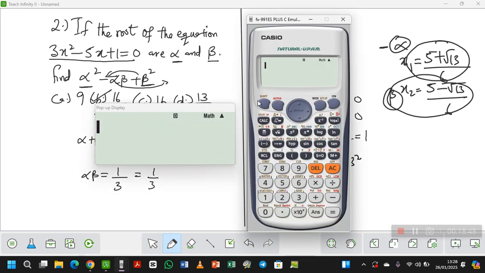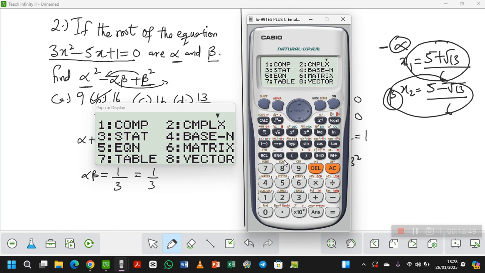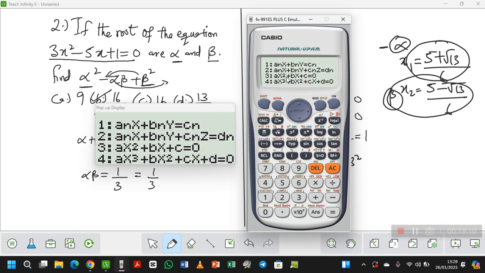You know how to find quadratic equation using calculator, or you don't know it? Yeah, I get it, but you've done it the other time you explained, so maybe you can just help me go through that. I will do it again. Mode, then you go to 5, equation, then you go to the third one here. That will be 3. Third one. Okay.